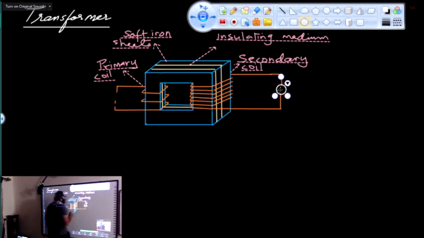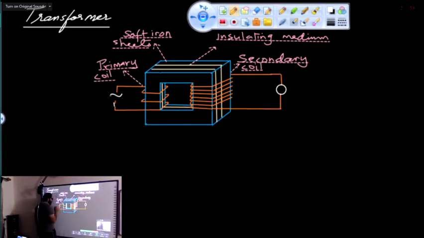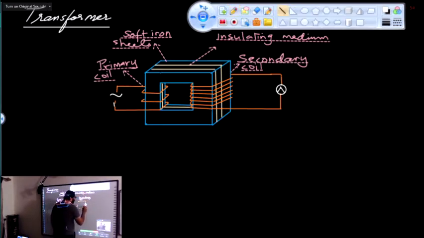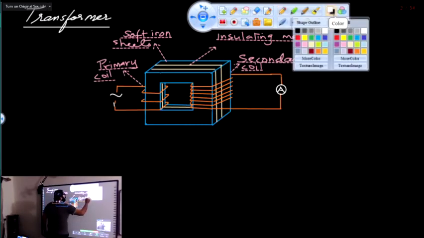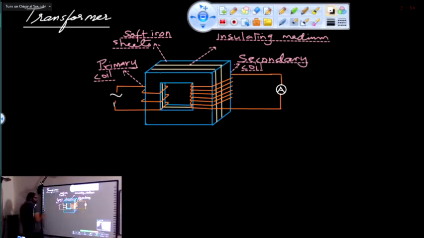So this is basically an ammeter. Alternating current sign and ammeter with it. Okay. Now I'm going to write how the working is happening in this whole thing.